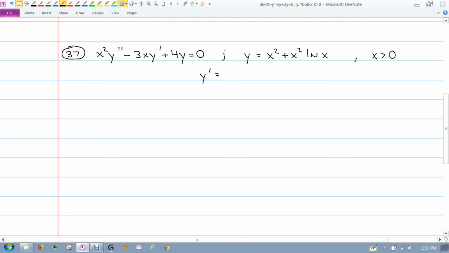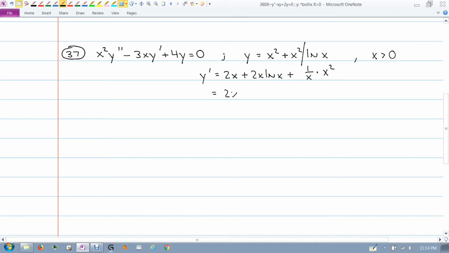I'm tempted to factor out an x squared, but I'm actually not going to do that. So excuse the barking dogs. So that's derivative of x squared plus, now we have product rule right there, so 2x ln x plus derivative of ln x is 1 over x times the first function x squared.